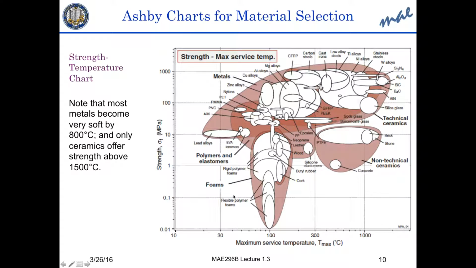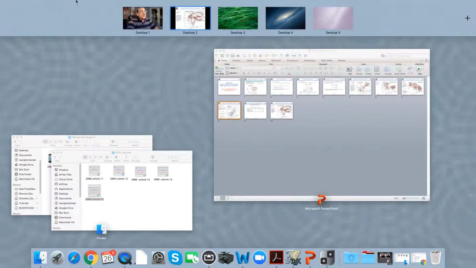The next property that we will consider is the strength temperature chart. It is important because in all of the applications that we are considering, we want to have alloys or materials of the highest possible strength at the highest possible temperature.